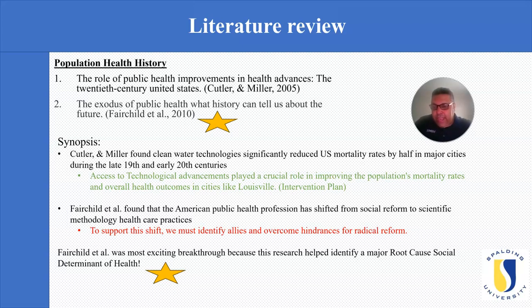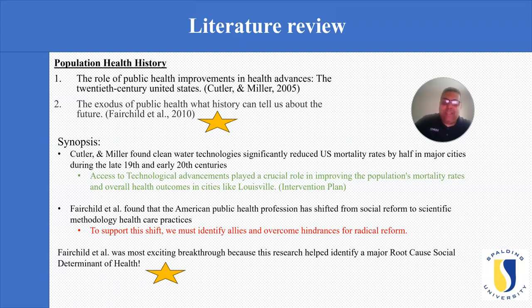So Fairchild found that the American public health profession has suffered from a shift from social reform to scientific methodology in health care practices. So I found that we must support this shift.